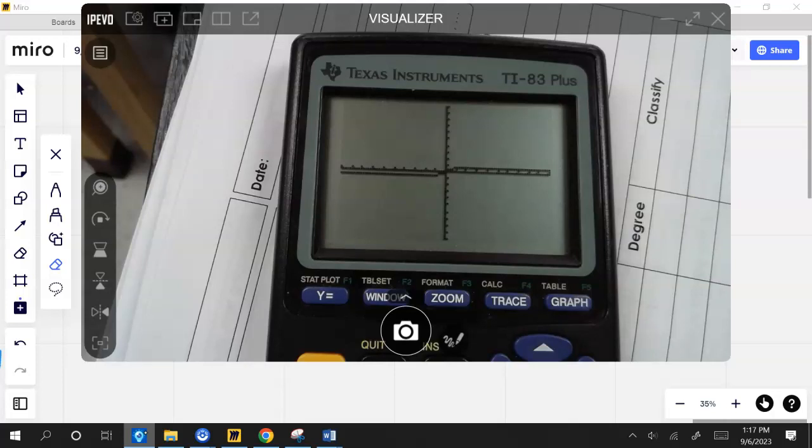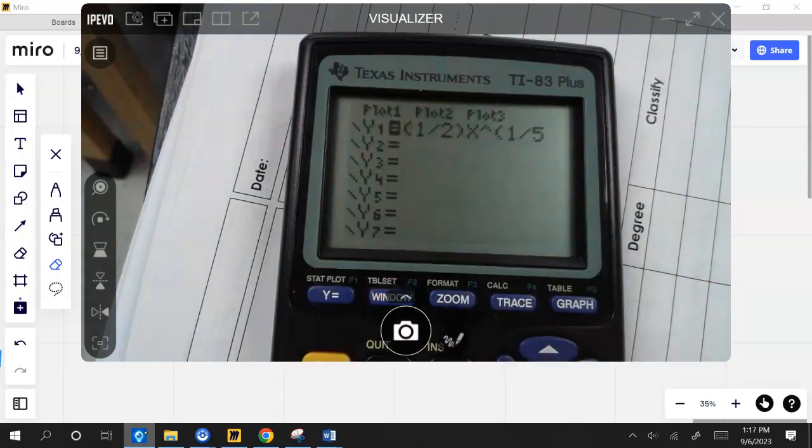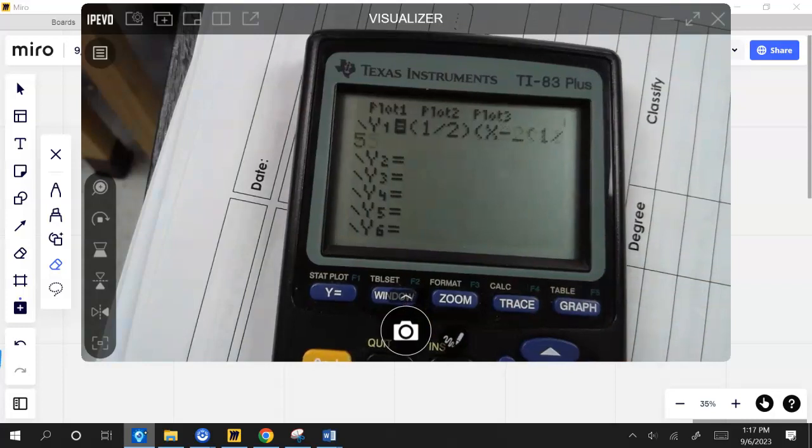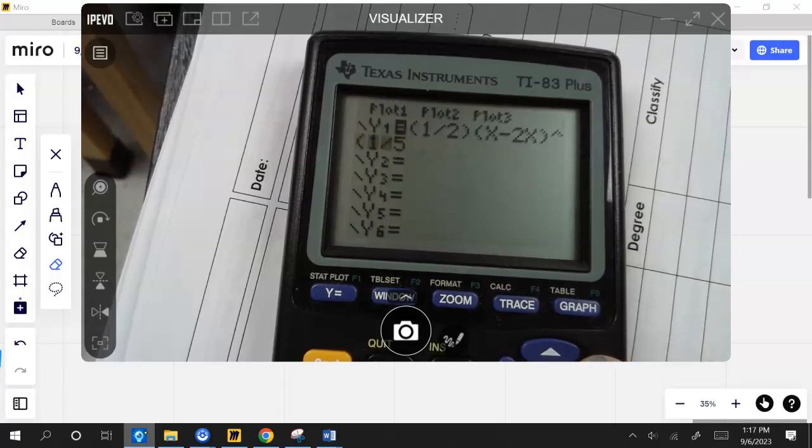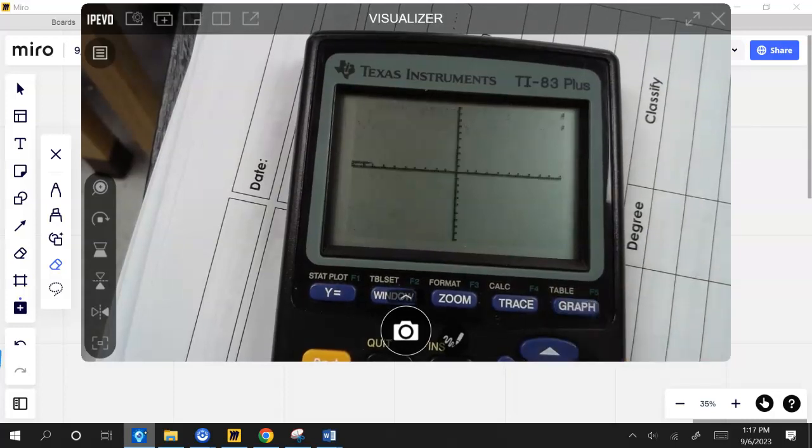If there was what? Like under the radical? Well, let's see. Because it's old. These are old calculators.